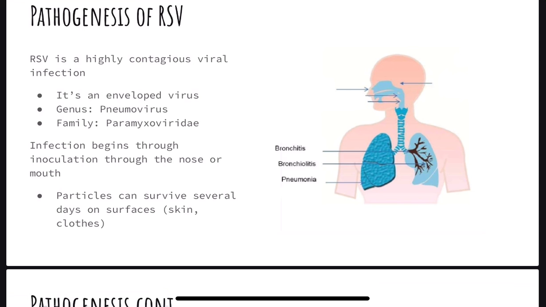Infection begins through inoculation through the nose and the mouth, the nasal passages, where particles can survive several days, or it can survive several days on the skin or clothes, until you either wash yourself, wash your clothes, whatever it may be, or you touch those clothes and you rub your face or something like that, and the virus is able to get into your system.